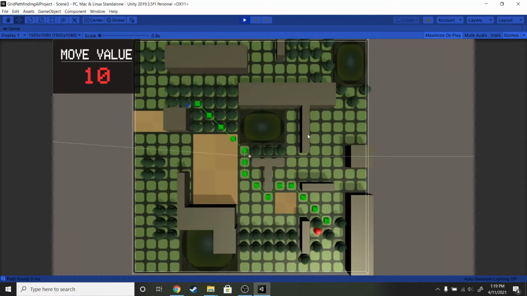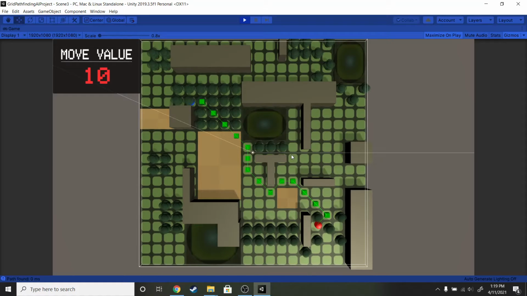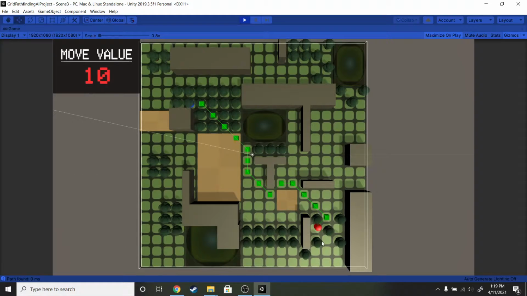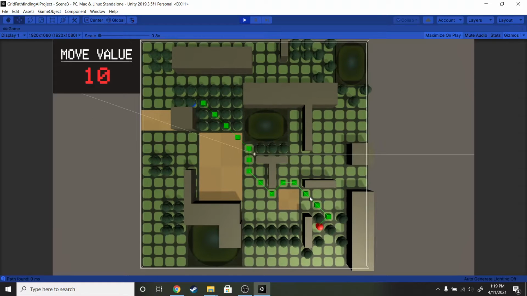Now, one feature I unfortunately was not able to implement is this move value cost, which currently is only reading each node of movement. Although the A-star algorithm that I implemented does take into account the different terrain types like the sand, forest, and swamp, this move value unfortunately does not take in that value.